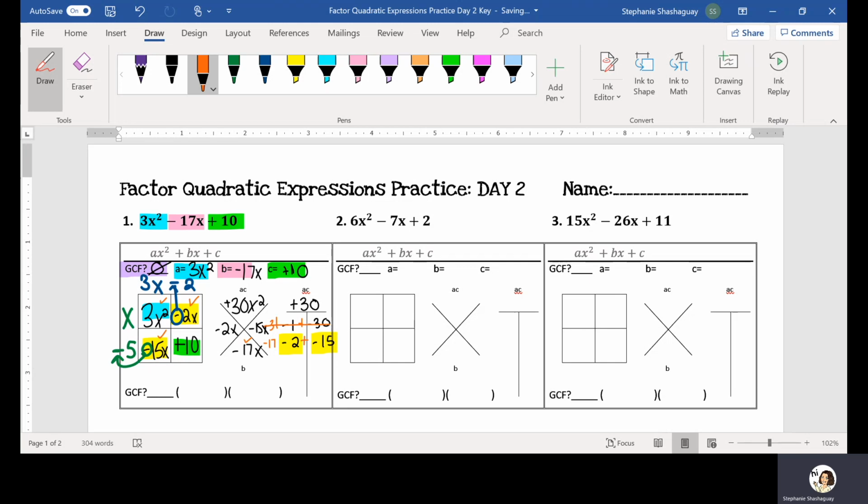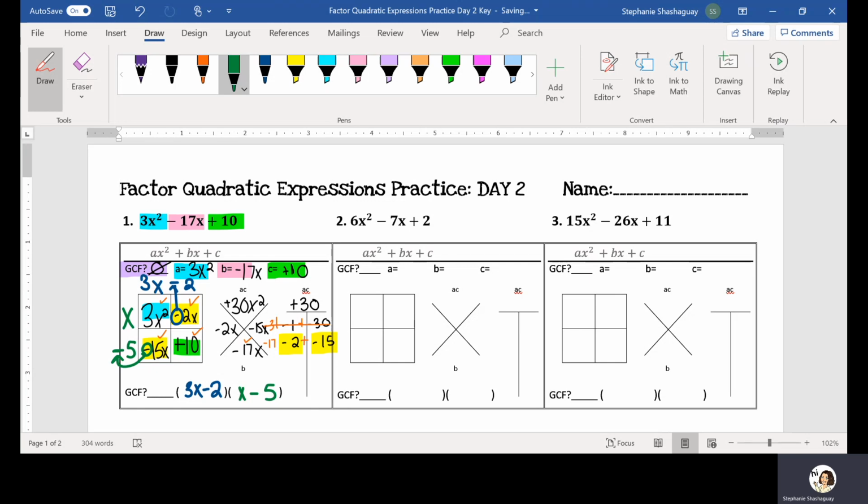Negative 5 times negative 2 gives me a positive 10. All right, so those are the correct factors. So now I'm going to list them at the bottom. I have 3x minus 2, and then I have x minus 5. And that is the answer to question 1 on the factor expressions practice day 2.